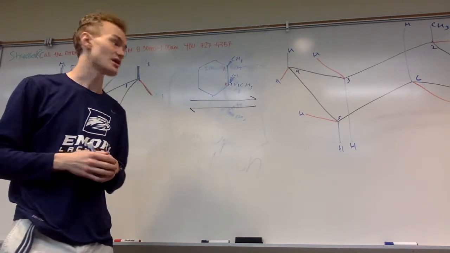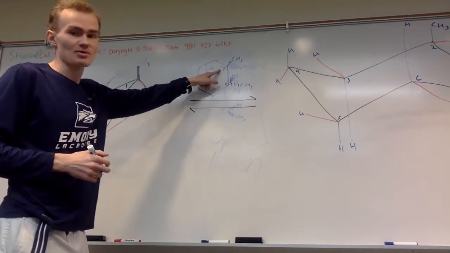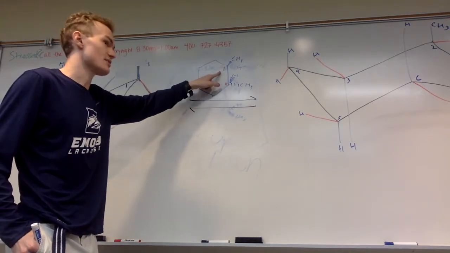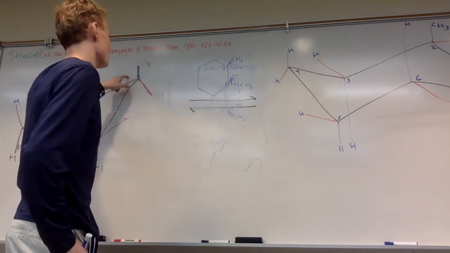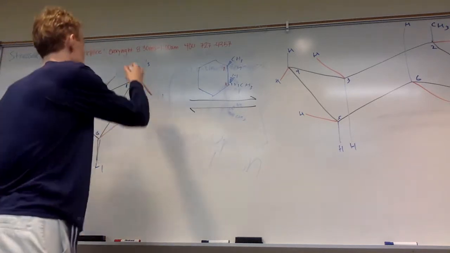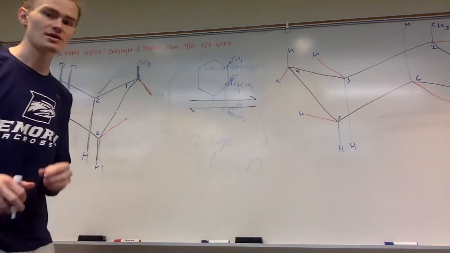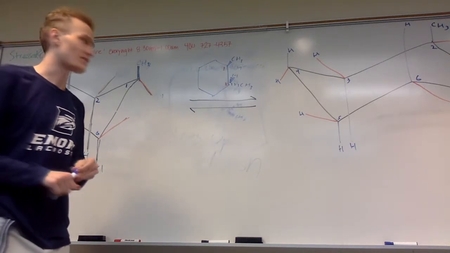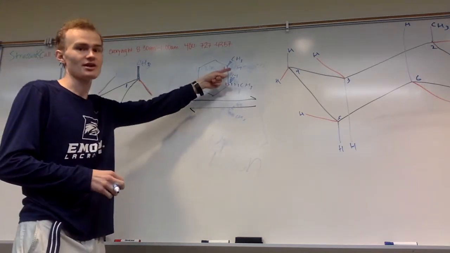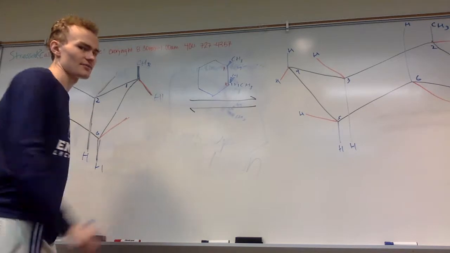Because this methyl group is on a wedge, and I'm arbitrarily assigning it to carbon number 1, it'll have to go up over here, so the CH3 is going to be up like this. Then the other CH3 goes down, and the hydrogen is on a dash, so it's going to go down. It's going to look like that.